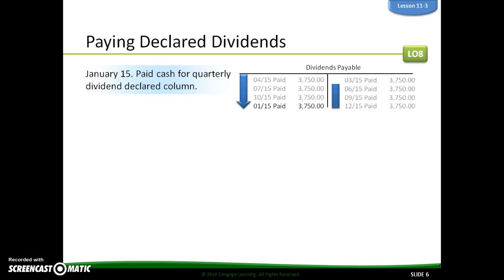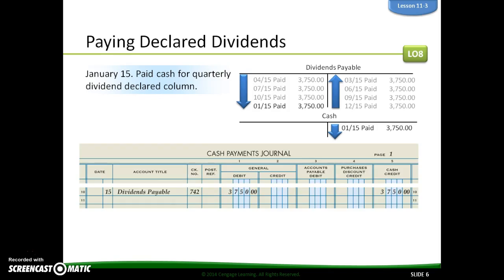So we paid cash for the quarterly dividend. When we look at our dividends payable, you can see that our cash on January 15th is going to be our credit, and our dividends payable is going to be a debit.